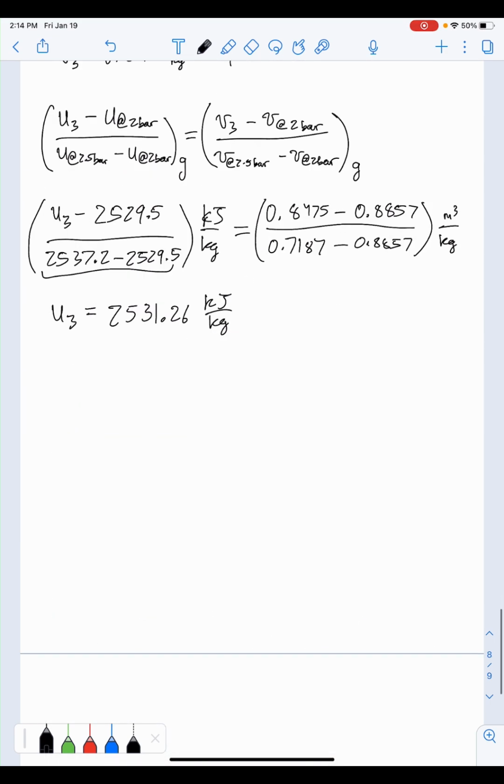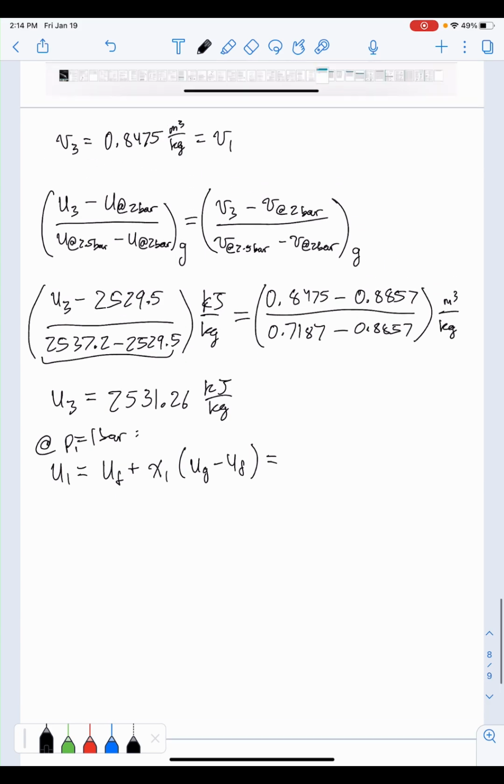So I believe the formula to do that is as follows. And I'm going to say just at 1 bar so we know what's going on. I believe using this formula, you should be able to get U1. I'm going to plug in the values that we need real quick.